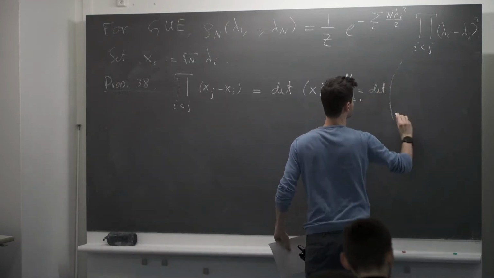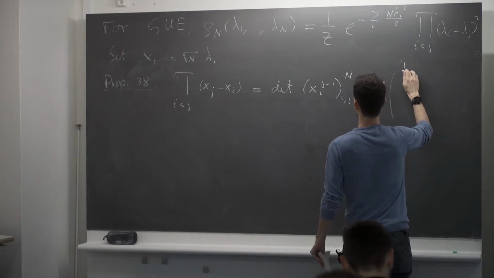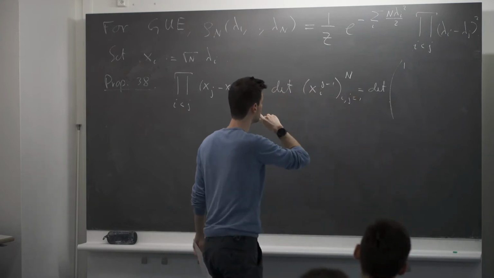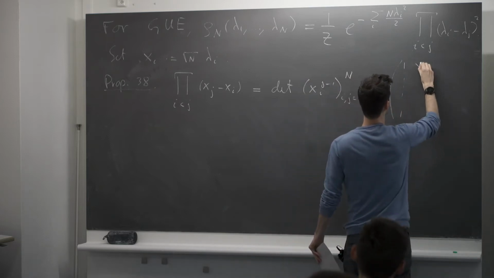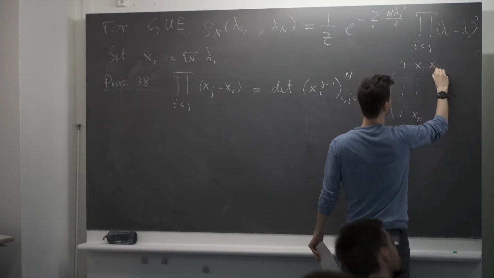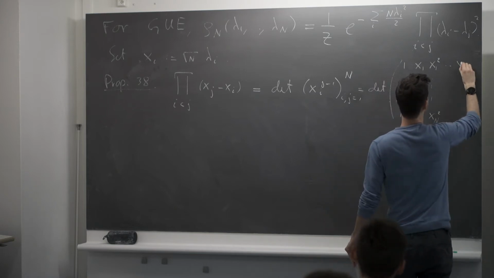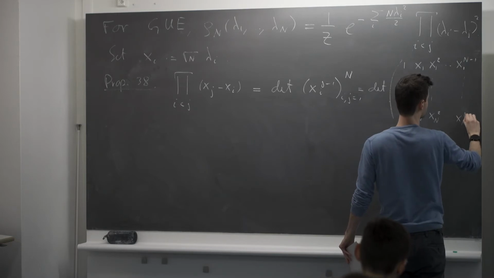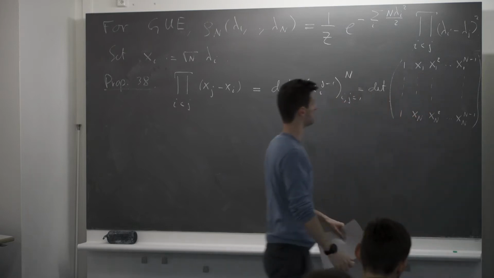If you recall how this thing looks, I have 1s here, and then I have x1 through xn, x1 squared through xn squared, and then x1 to the n minus 1 through xn to the n minus 1.